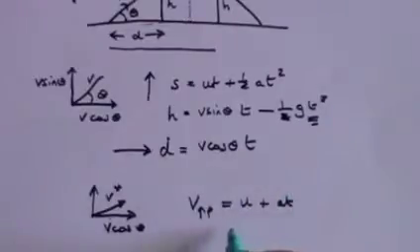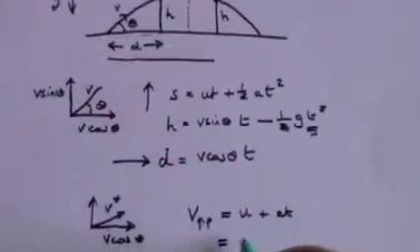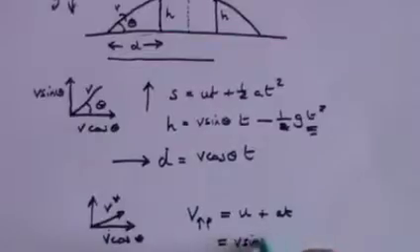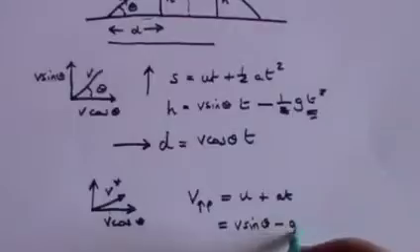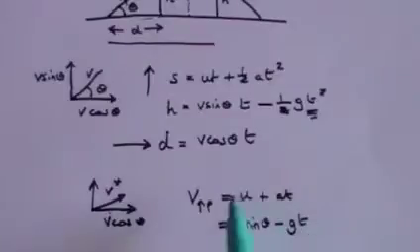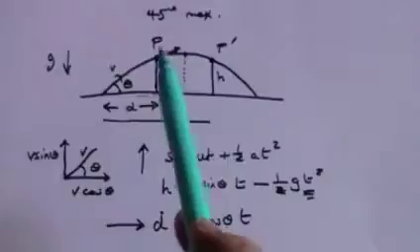And that equals u, which is the initial vertical velocity, v sine theta, plus at. Well, a, of course, is minus g, so minus gt. So this formula gives you v sine theta minus gt as the new vertical velocity at the point P.